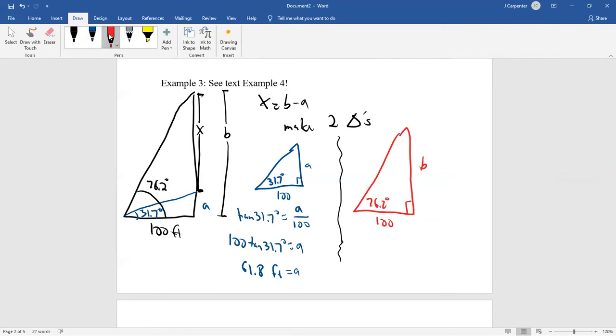All right, so opposite, adjacent, it's tangent again. So the tangent of 76.2 degrees is equal to B over 100. So we're going to multiply both sides by 100. That way we can solve. So we have 100 tangent of 76.2 degrees is equal to B. Then we're going to stuff that in our calculators.